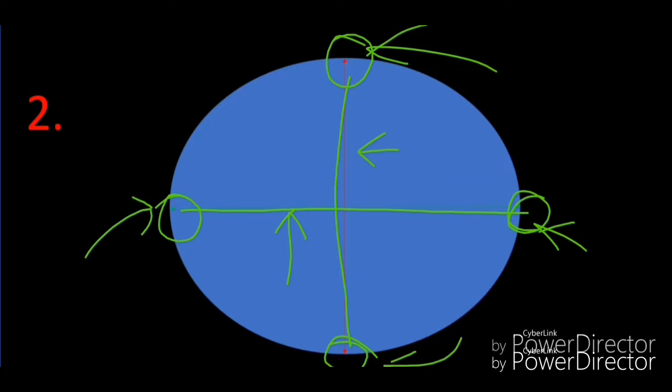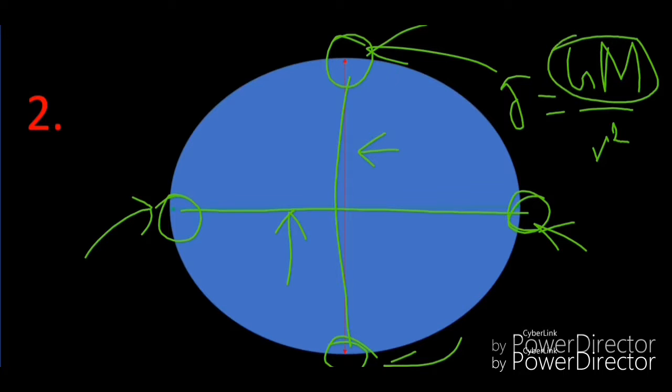So why are we talking about this? Because we know that g is G times M divided by r square, and we know that these numbers are constant, and that's why g only depends on r, the radius, or the distance from the center of earth.